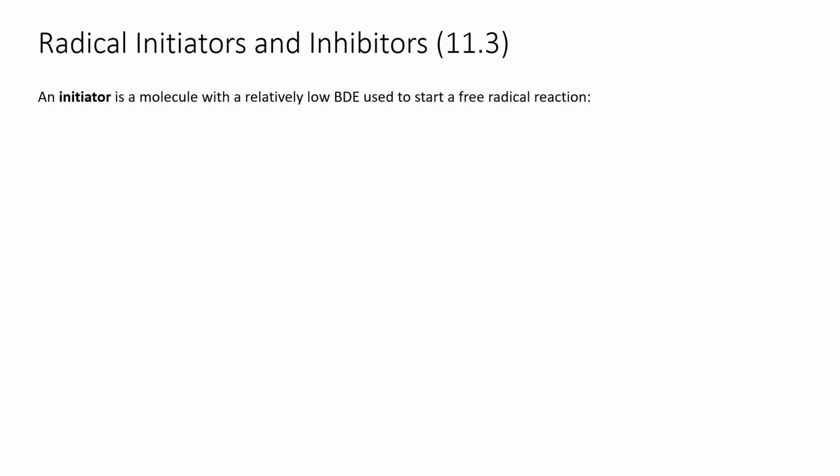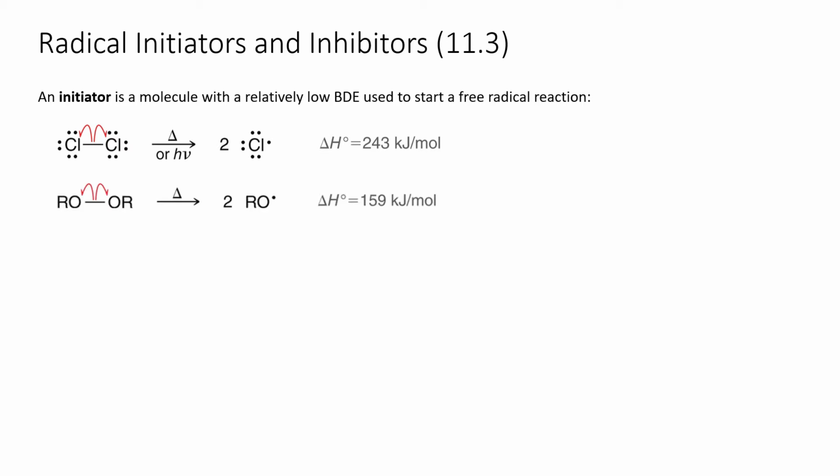As I stated, in order for a radical reaction to occur, we must have that initiator, and that's a molecule with a relatively low bond dissociation energy, which will start that free radical reaction. And this is usually a halogen, and so we can either heat it or shine light on it, which will create two chlorine radicals. We can also have peroxides, which form radicals usually by heating.